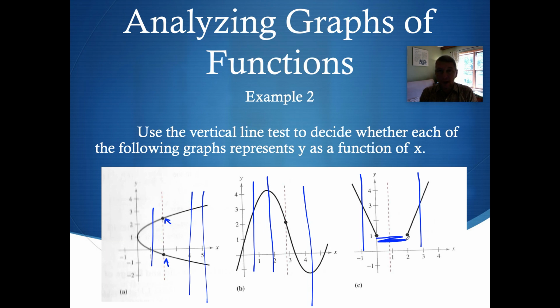That doesn't make it a non-function. It's still a function, okay? It just means that between x equals 0 and x equals 2, any value of x there is undefined, all right? But it is still a function.